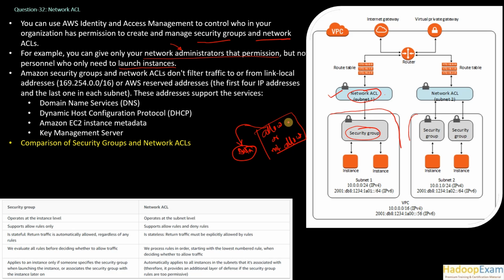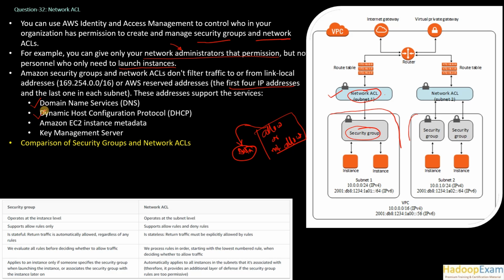This is because it's your responsibility to check that you are getting the right content and not a virus or any threat. And Amazon also reserves IP addresses, correct? I know this is not related to the question, but you need to remember why Amazon reserves 4 IP addresses. For domain name services, DNS purpose, they want one IP reserved.